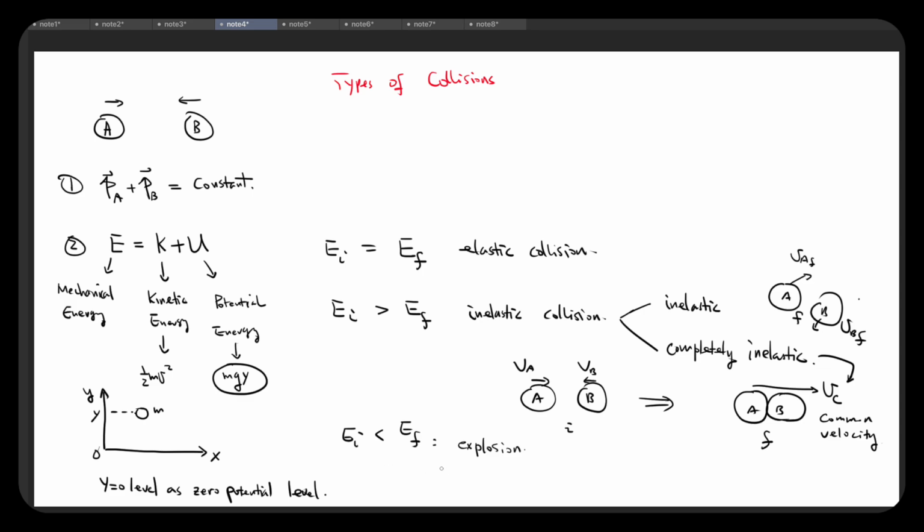Let's say originally A and B are together. They move with some common velocity. And then later on they explode and break up into two different pieces, VA final and VB final. That's in the final state.